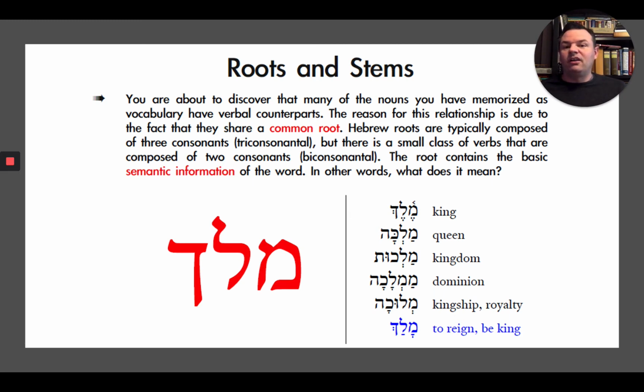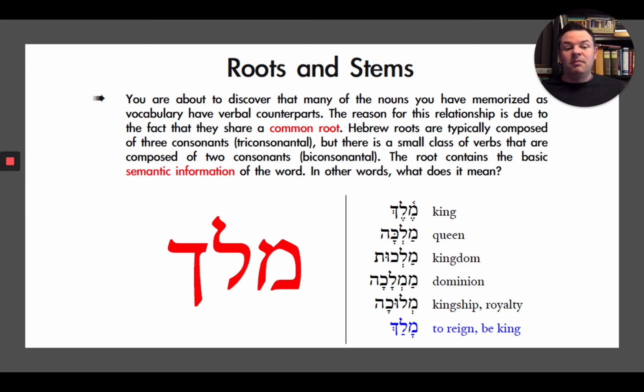You're going to see parallels in synonymous terminology between words that share a common root. So, for instance, we've seen the word melech before, the mem, lamed, kaf. And then look at the word malkah. It's got the same root, the mem, lamed, kaf. And then you've got malkuth, which is the word for kingdom, also the same root.